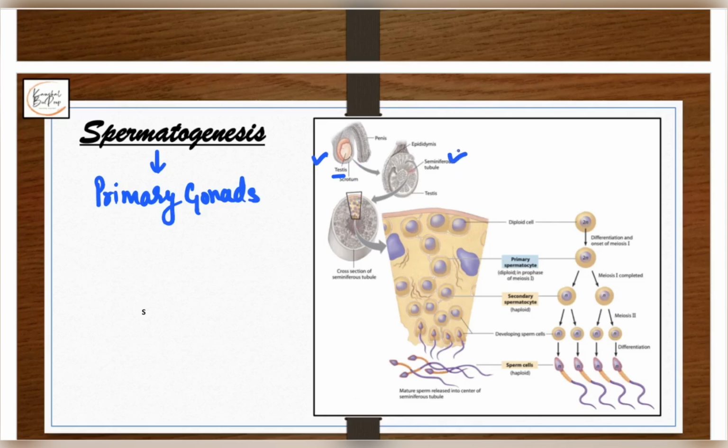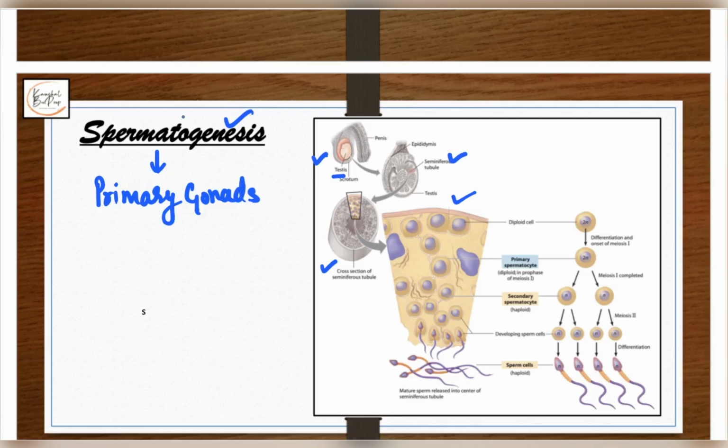Those are called seminiferous tubules. These seminiferous tubules are the main site of spermatogenesis. Here spermatogenesis occurs. If you see the transverse section or cross section of a seminiferous tubule, you will find different cells in different stages, during the formation of sperms, right?